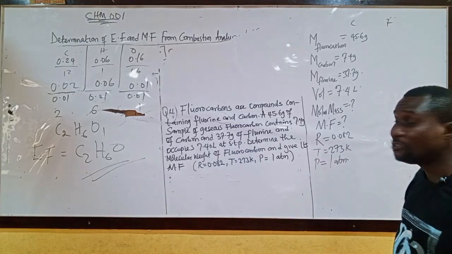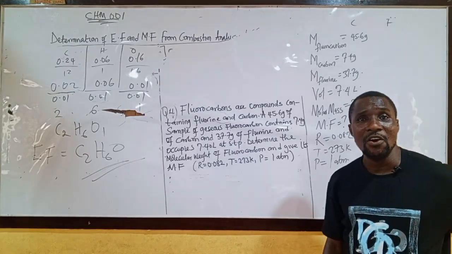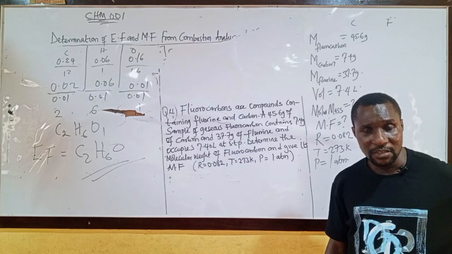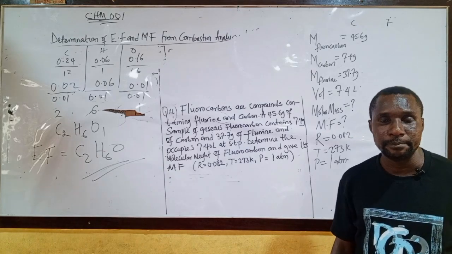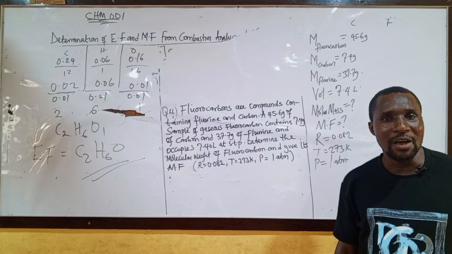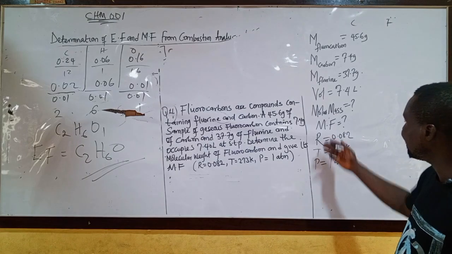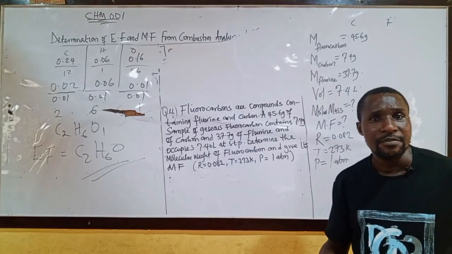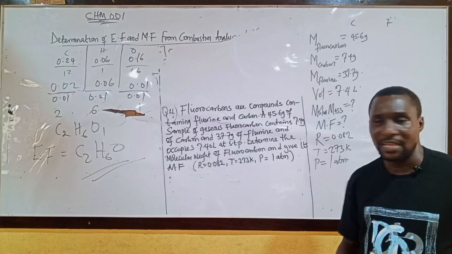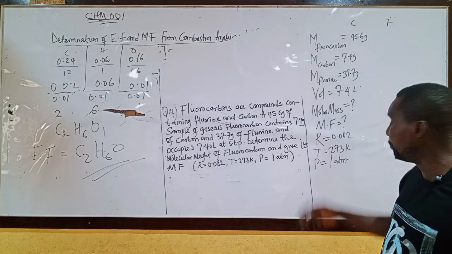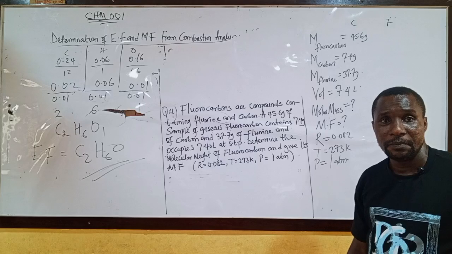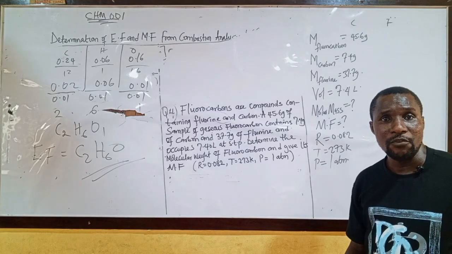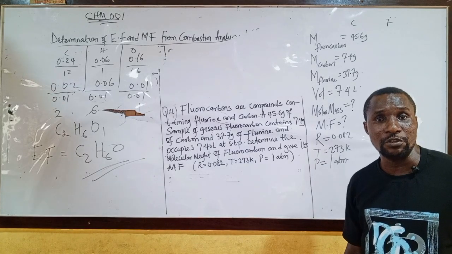From here, we should know that we are using the ideal gas formula to get the molar mass. Because we are given mass, we are asked to calculate molar mass, and we are given the gas constant, temperature, pressure and volume.